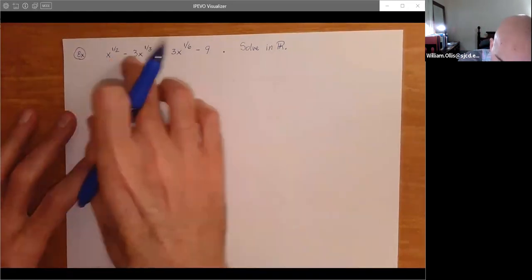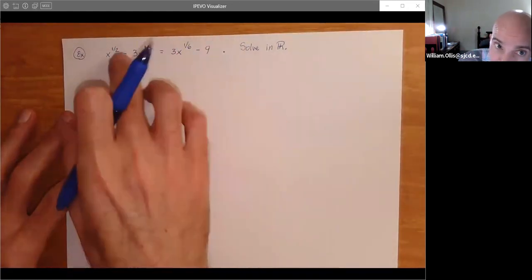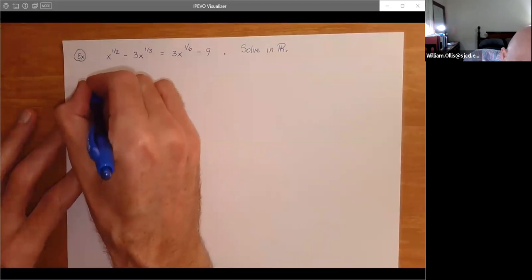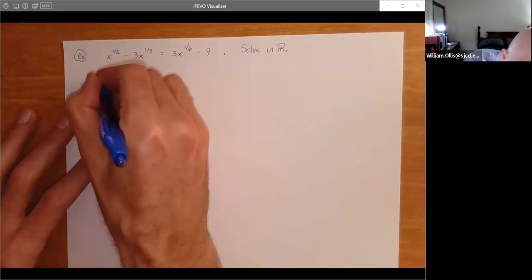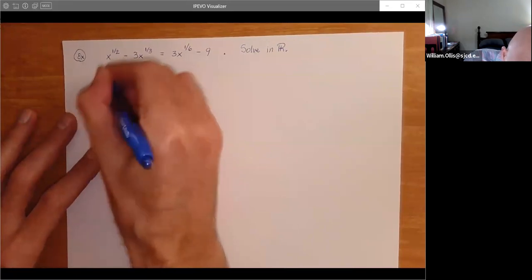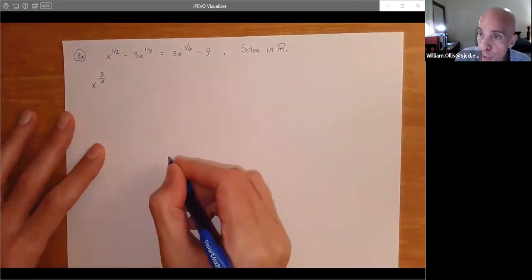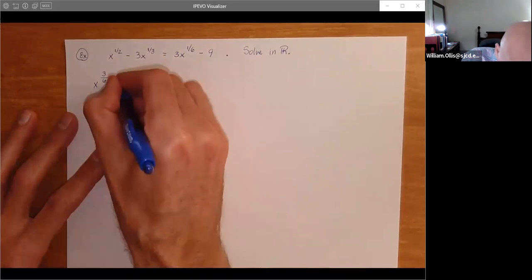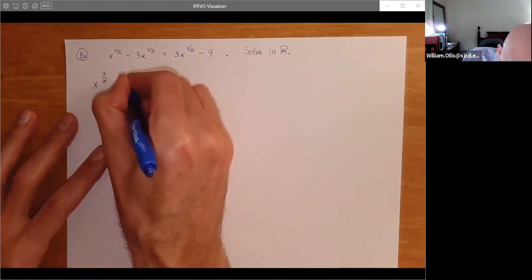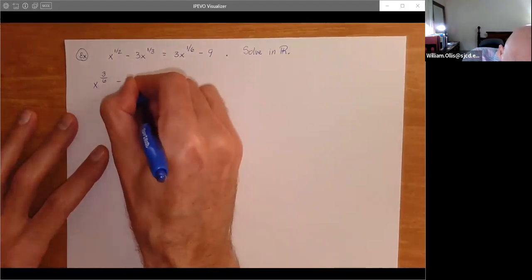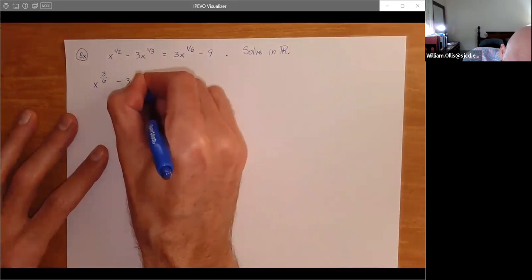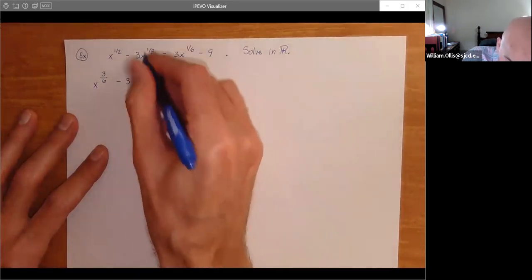So first, let's get a common denominator of 6 in all of these fractional exponents. So we have a 6, 2 into 6 is 3. So that's going to be an x to the 3 over 6. Let's go to the next one. Again, a common denominator of 6, 3 into 6 is 2.